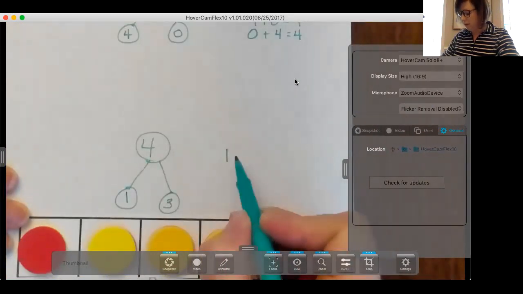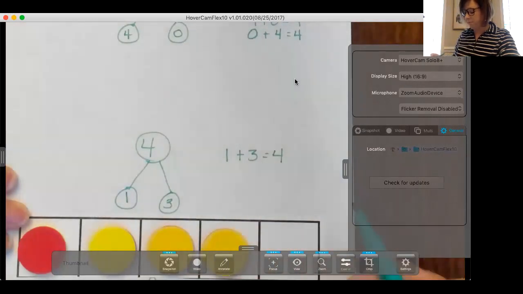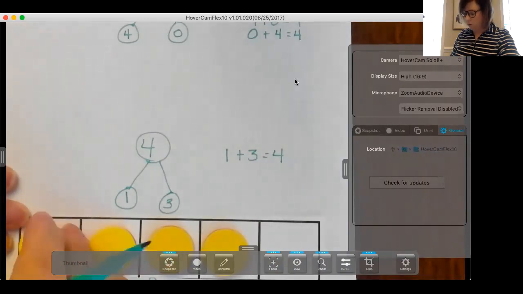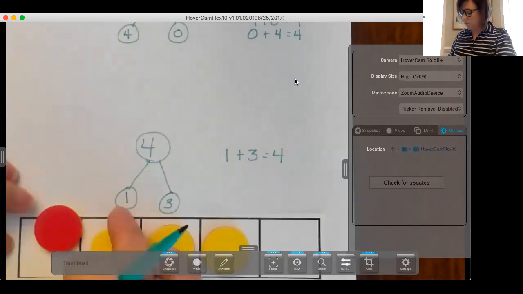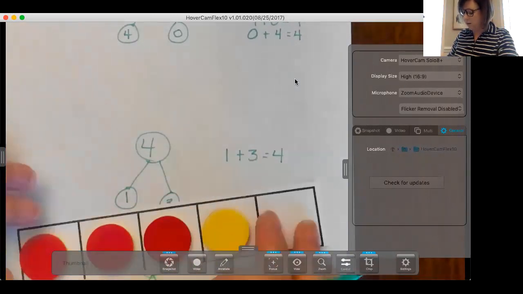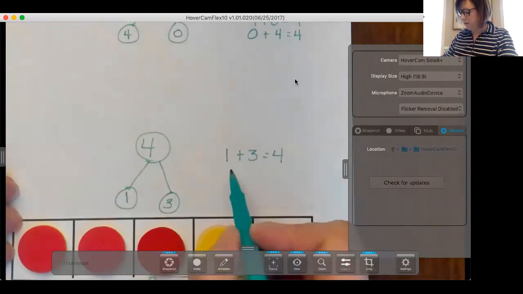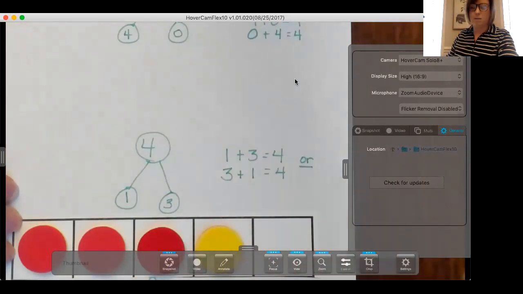So 1 red plus 3 yellows equals 4 altogether. Could I do it the opposite way? Sure. I could do 3 reds and 1 yellow. 3 plus 1 equals 4. Okay, I'm just flipping it over.